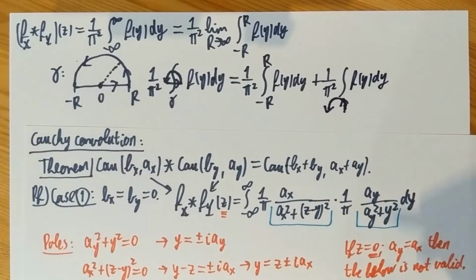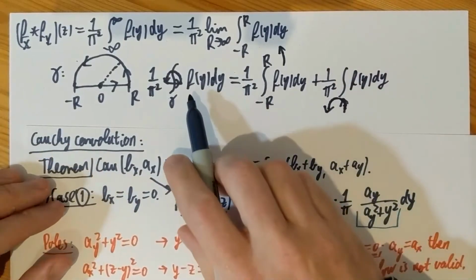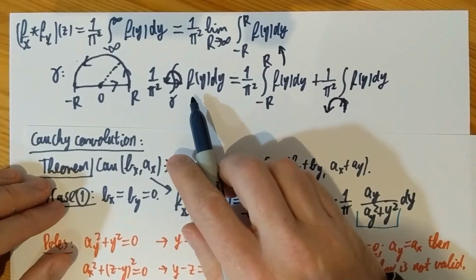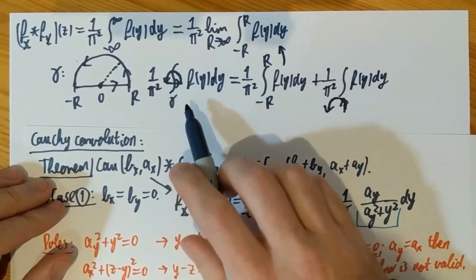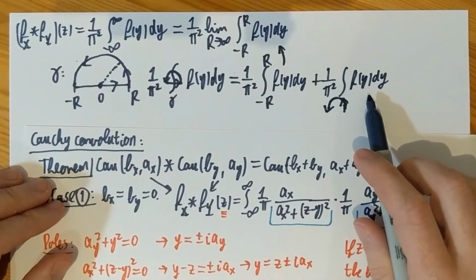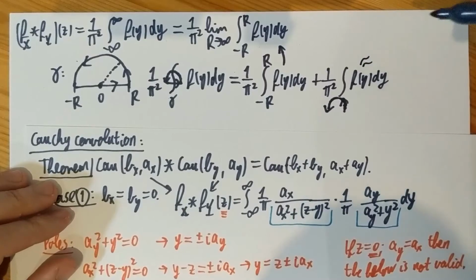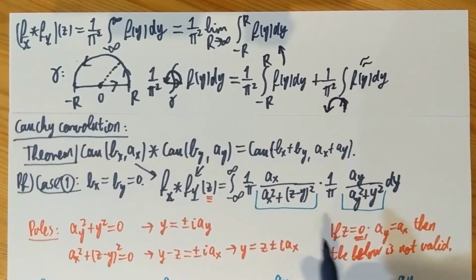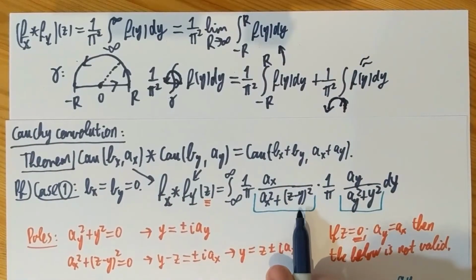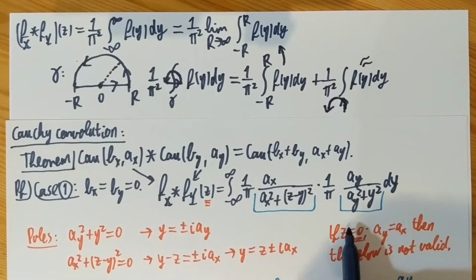Okay? This bit is the one I'm interested in. This bit is the one I can do with the residue theorem because I have a closed nice curve. And this bit I'm just going to show you that this goes to 0. So why does it go to 0? Because again, if you look at f_y, it has essentially 1 over y squared and 1 over y squared with some constants in front.